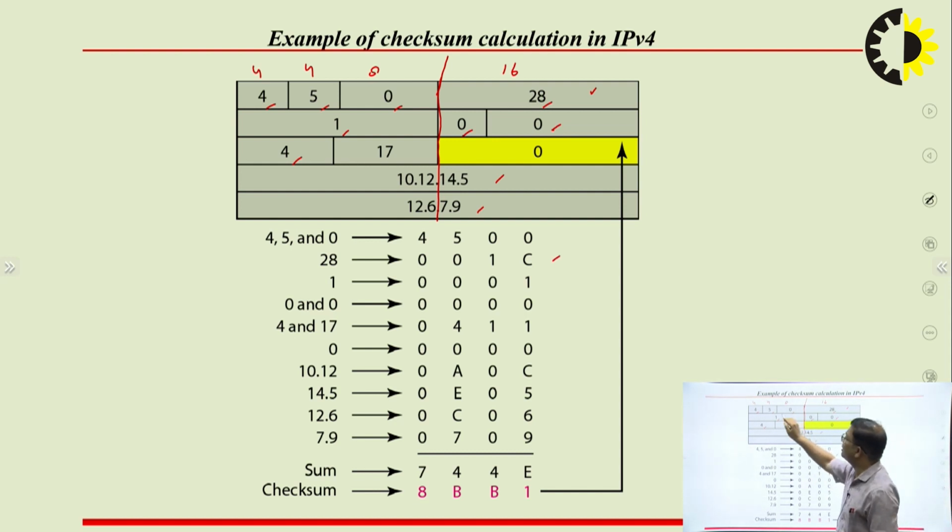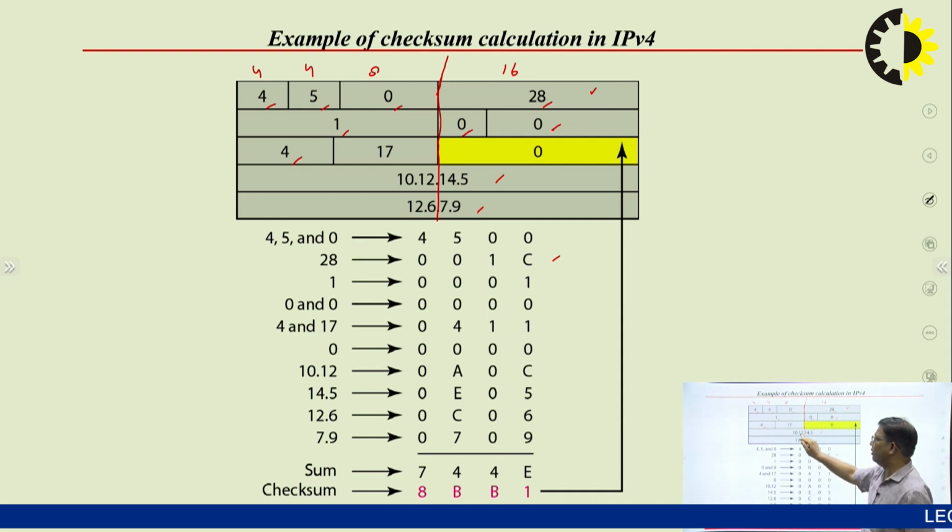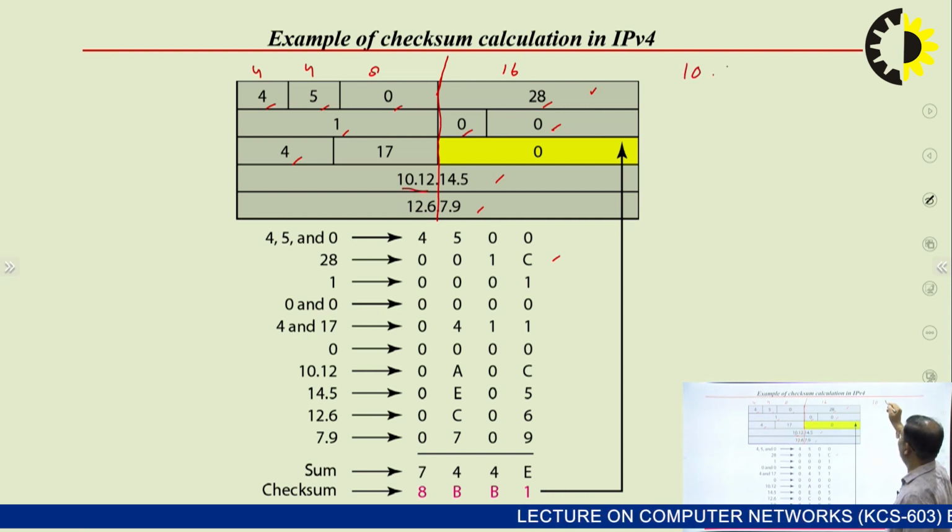Similarly, this is again a 16-bit field, which has only the value 1. So 1 can be written as 0001, and so on. Again 10, 12.